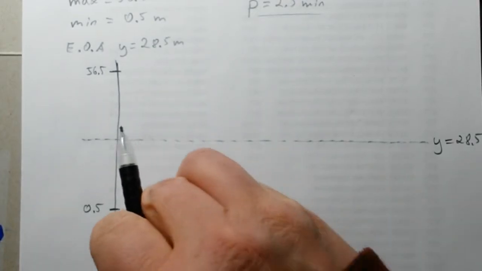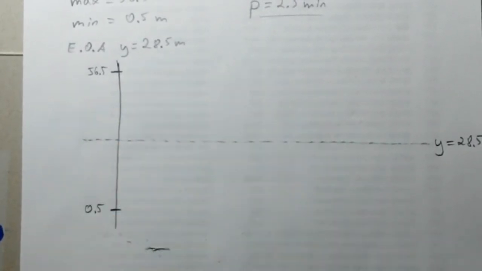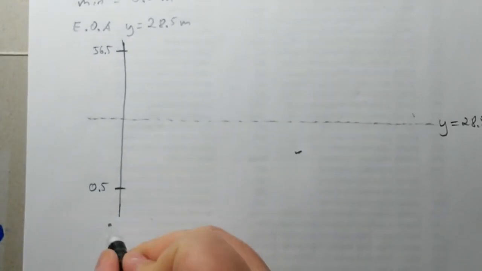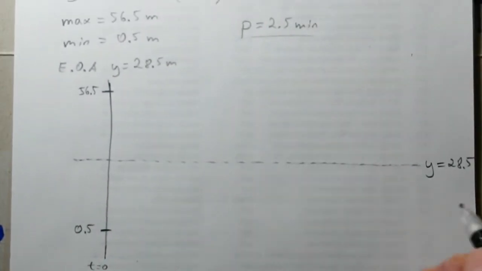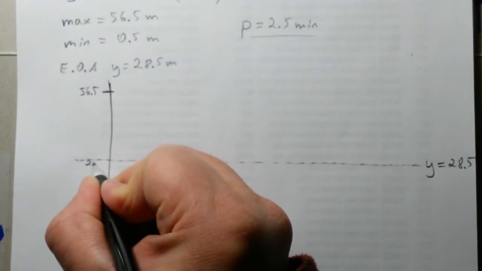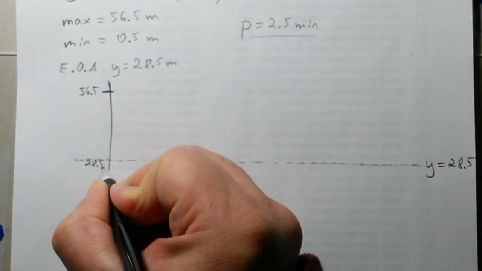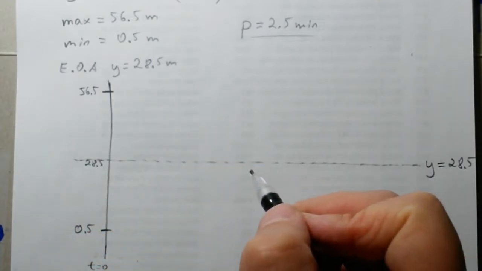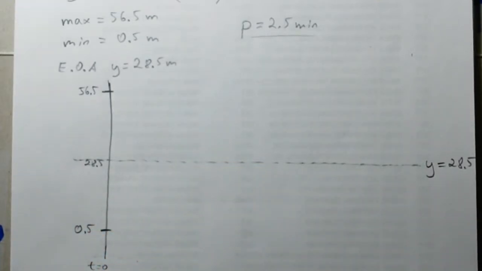Maybe I should extend it just a little bit more at the bottom, just in case we need to. Okay, t equals 0, and of course that's our equation of axes. I could actually put it here too, 28.5 meters.